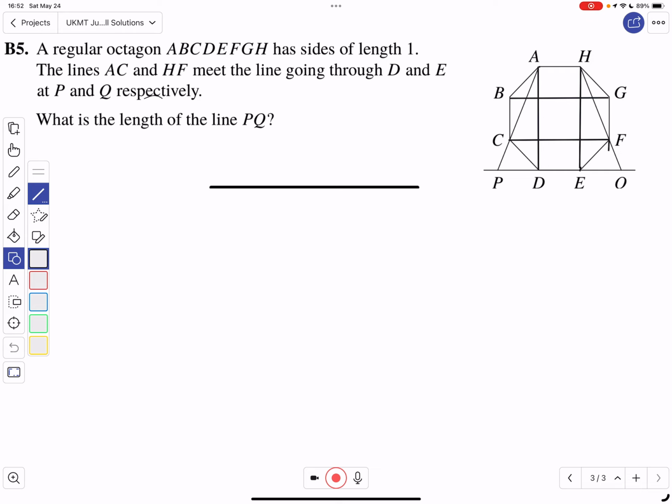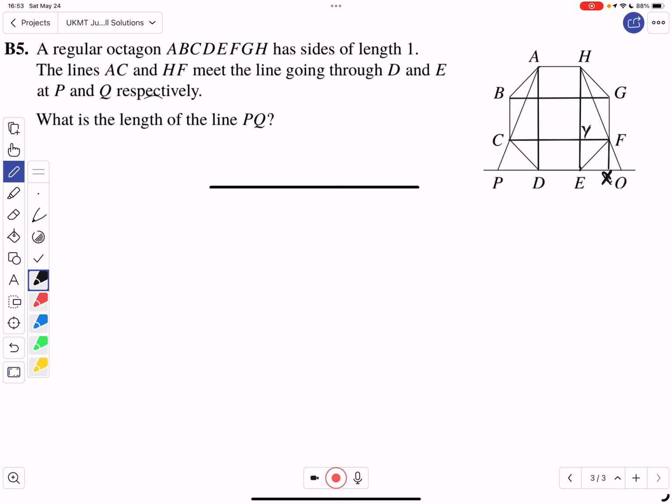I'm also going to drop this line down over here, and it's perpendicular. I'm going to label this point X and this point Y.